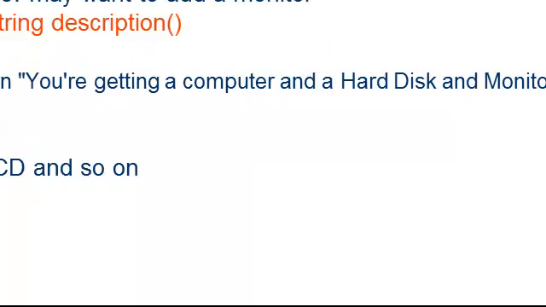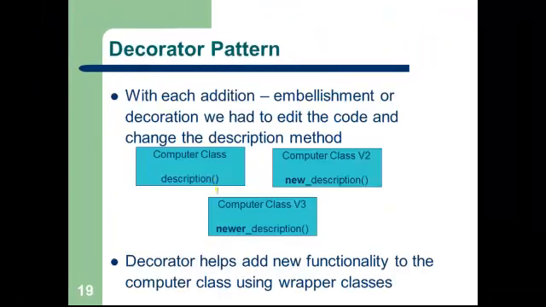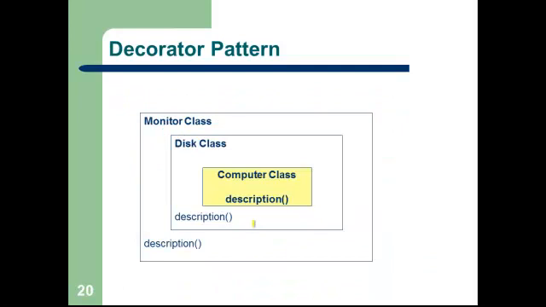If I wanted to change the description to say you're getting a computer and a hard drive, then I would have to change the description method and so forth. So we have computer description, new description. If I want to add additional stuff to the computer, then I would add a new description, a fourth version, and so forth. That's the problem that the decorator design pattern can solve. We can get the basic, and then these additional things are embellishments that we can have.